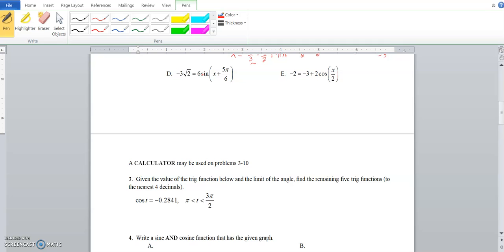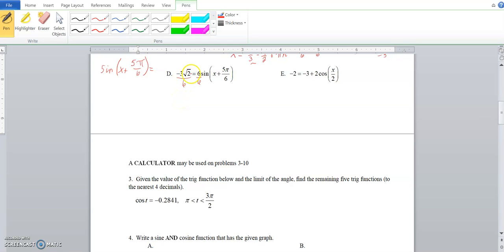So first thing we're going to do here is on this problem, we got to divide by 6 on both sides. So that actually looks like sine. I'm going to try and create myself some room here. So sine of x plus 5 pi over 6 is equal to, well, if you take negative 3 and divide it by 6, that's just negative a half.